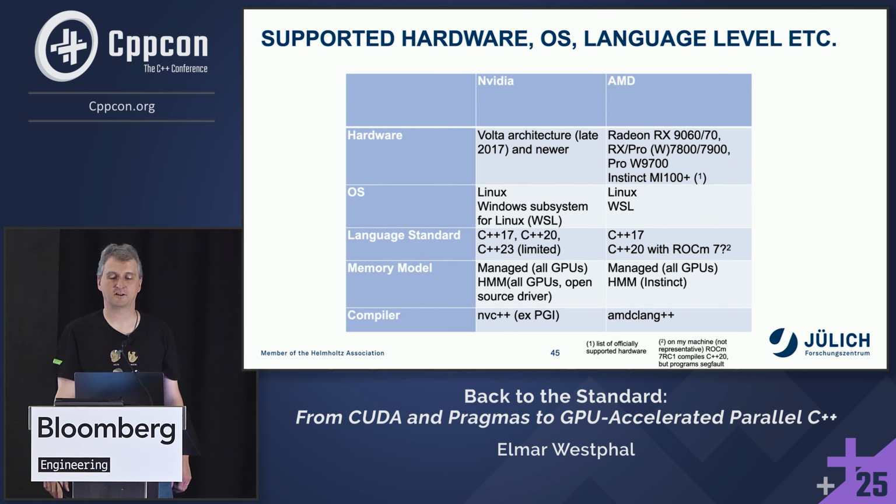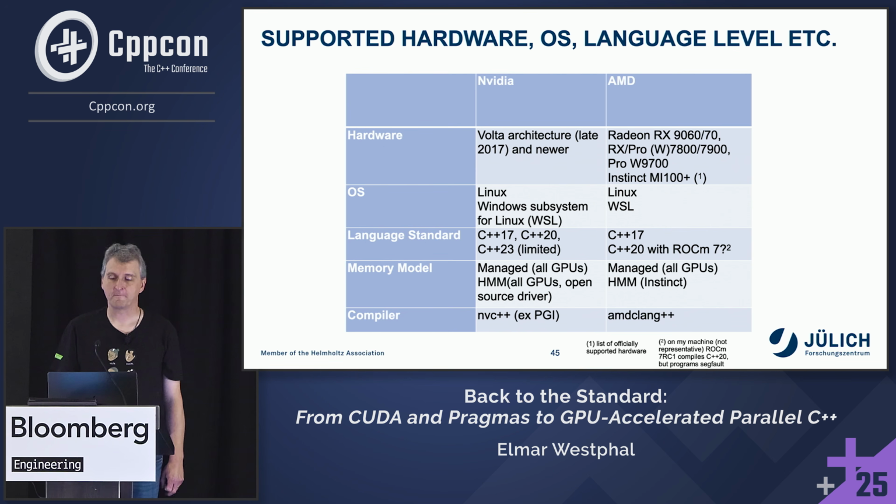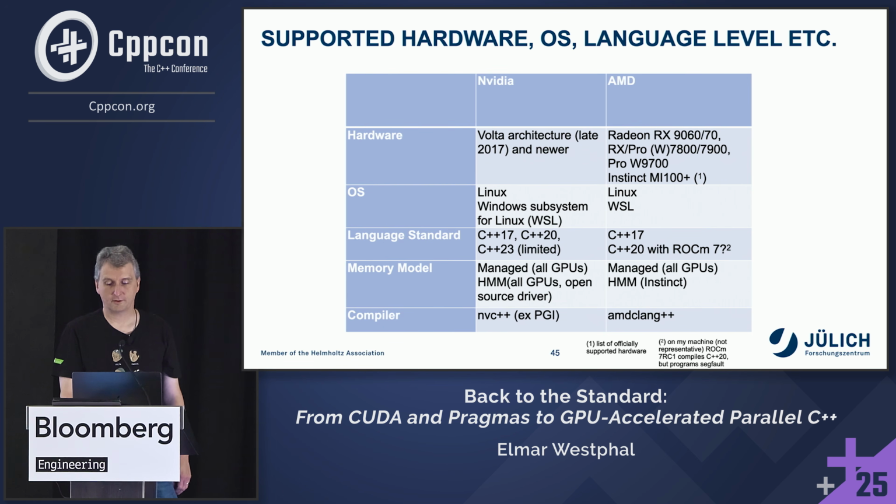ROCm is their ecosystem for running calculations on GPUs. I could get it to compile, but I could not get it to run on my hardware, though this may be related to my hardware. Managed memory is supported on all GPUs, HMM on the data center models only, and they use their own version of Clang for compilation.